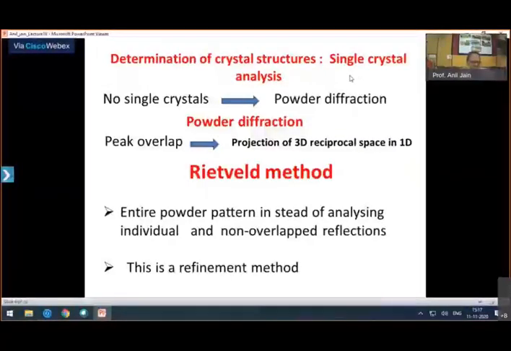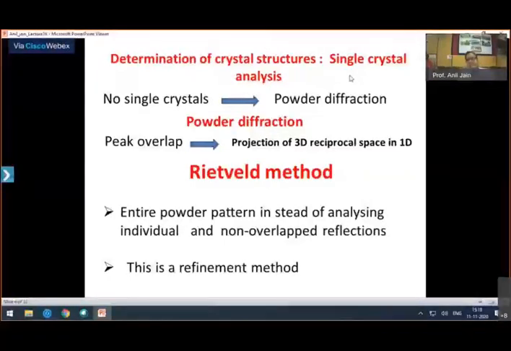Now, after something like 52 years or so, Rietveld devised a method. Because in powder diffraction, as I told you, you project this 3-dimensional reciprocal space into 1 dimension. If you have single crystal data with a cubic structure, the 1 0 0, 0 1 0, 0 0 1 peaks are separated in the reciprocal lattice.